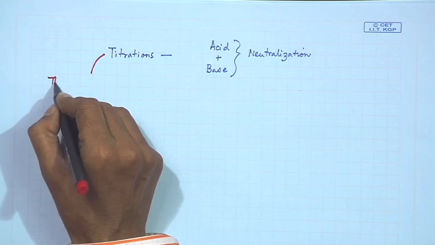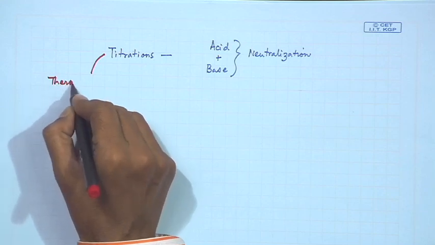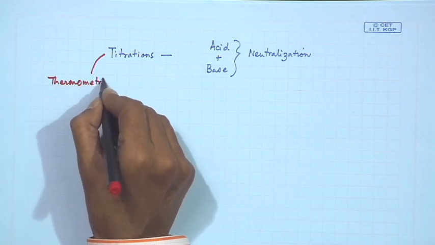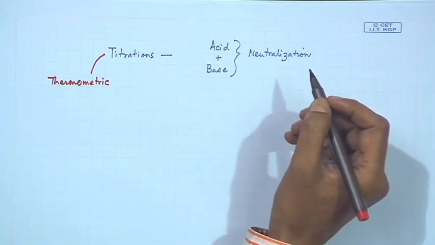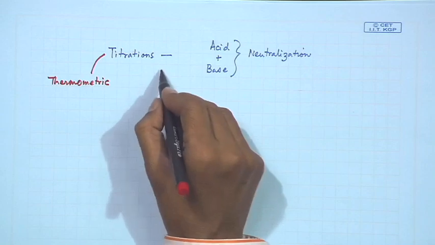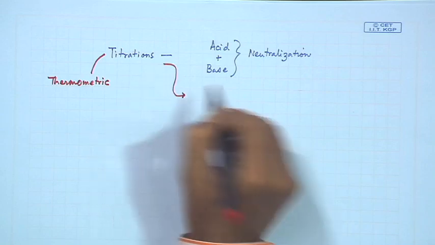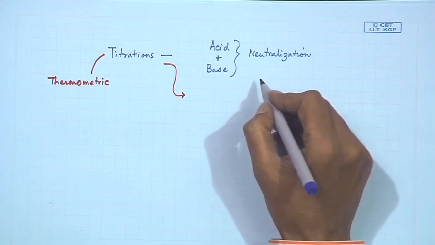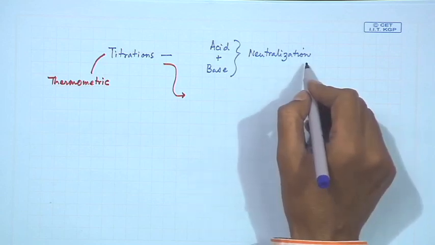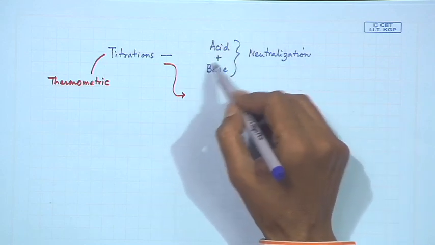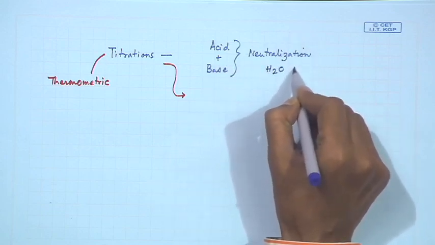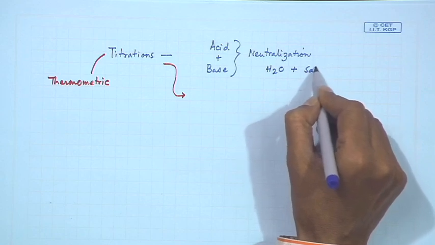So, it will be thermometric titrations. In thermometric titrations, what can we measure? Because in normal titrations we use an indicator, and the color change of that indicator will tell you that all the acid has been consumed by the base and the product is only water as well as the salt.